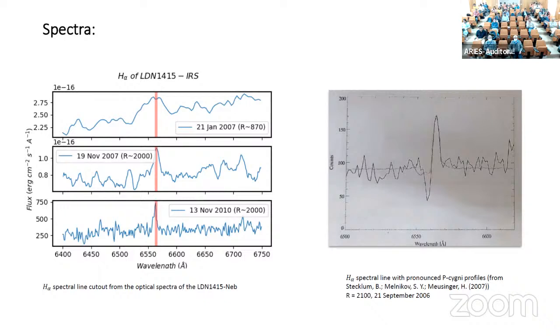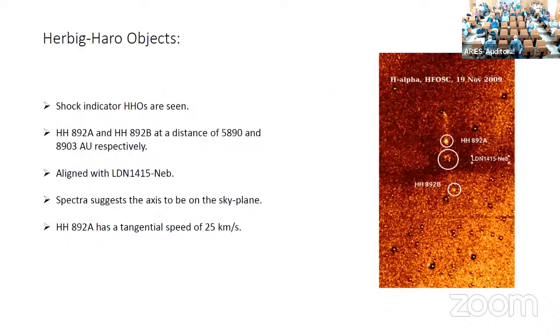Meanwhile, on the right hand side, this is a cutout from the paper by the person who observed this source for the first time. His spectra showed an enhanced P-Cygni profile and H alpha profile, which gives an inference that the outburst was not just an effect of dust clearing or anything, but also includes accretion. And the P-Cygni profile indicates some of the wind flowing towards us.